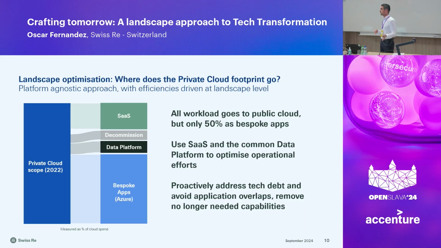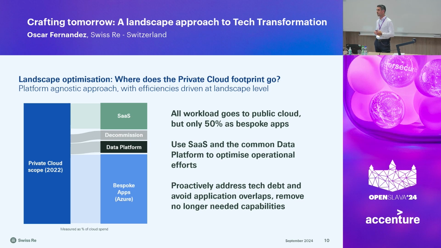As I said, we wanted to go public cloud, but maybe not as a lift and shift effort. And that's what resulted from looking at our landscape and applying the principles I mentioned before. So 50% of the applications will move as a bespoke app, something that we build and maintain completely.